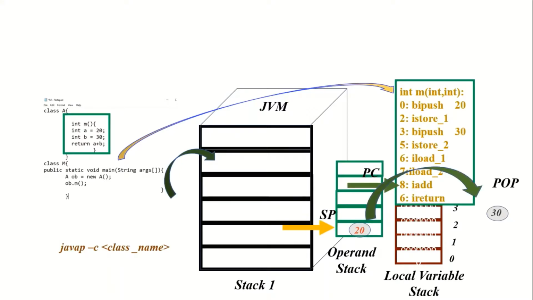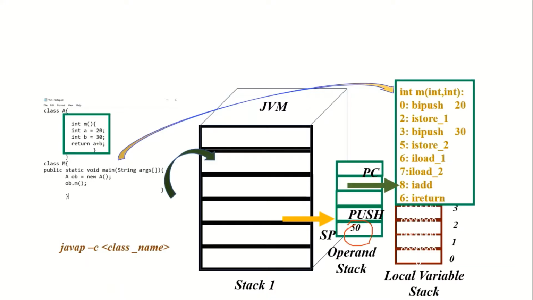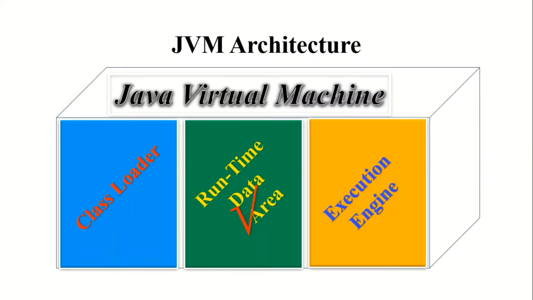First, these items are popped from the operand stack, and then the stack pointer is decremented to its initial position, and afterwards addition is performed, and then the added value is pushed into the stack. This is how this stack will work, and this will be the final output for this code. Isn't it beautiful? So the runtime data area is done.